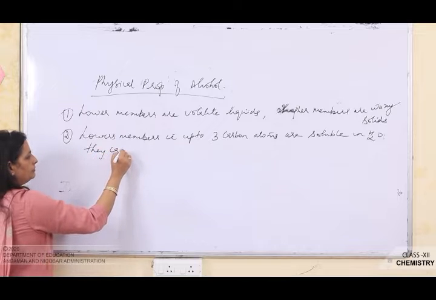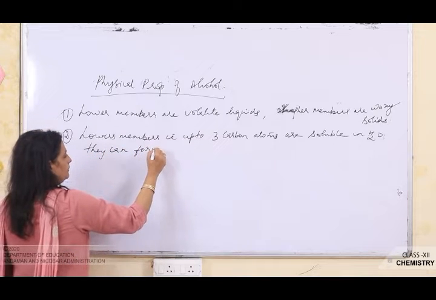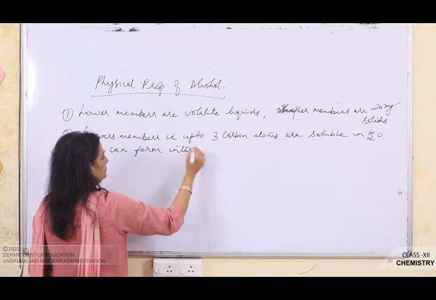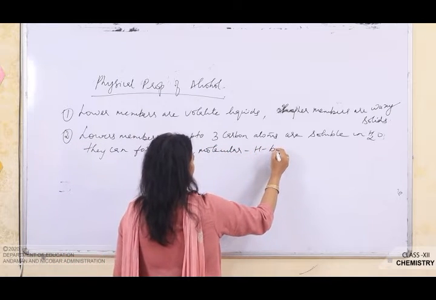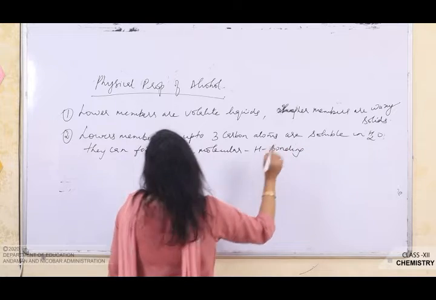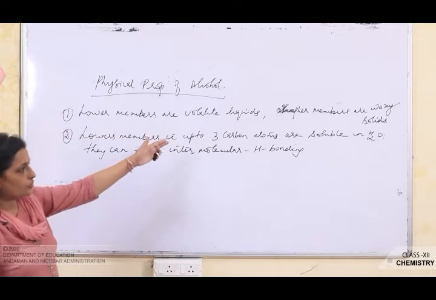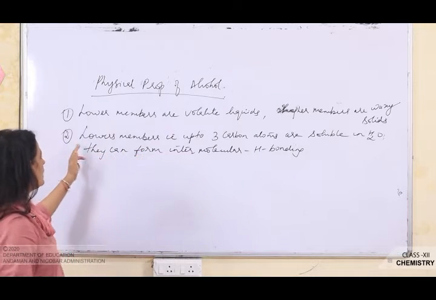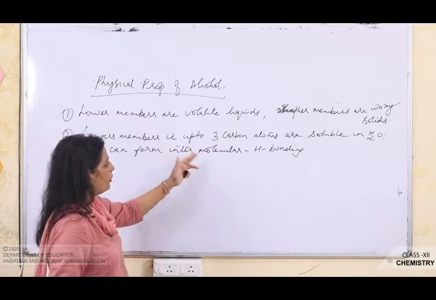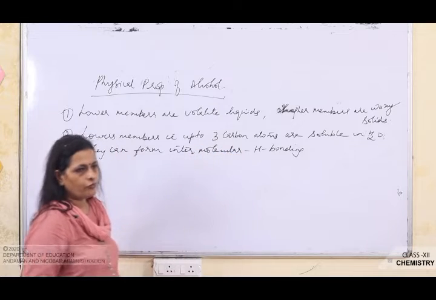They can form intermolecular hydrogen bonding. So, is it clear? The lower members, up to 3 carbon atoms, are soluble in water because they can form intermolecular hydrogen bonds with water.